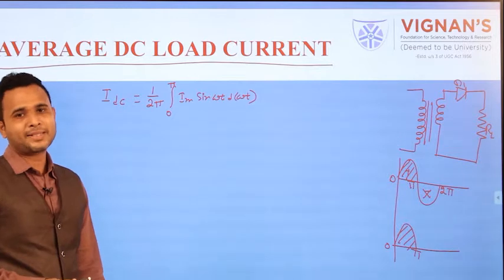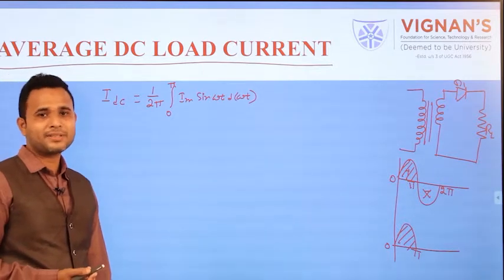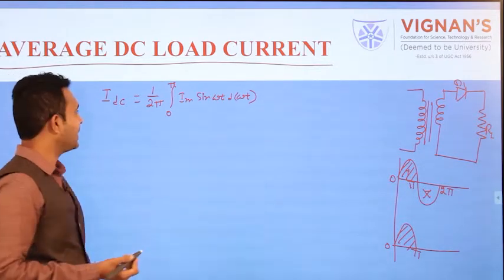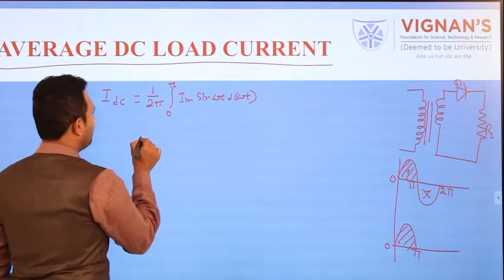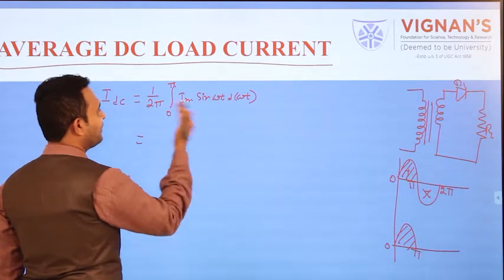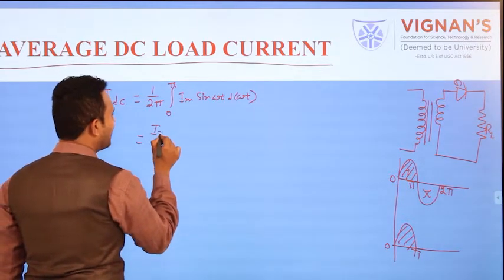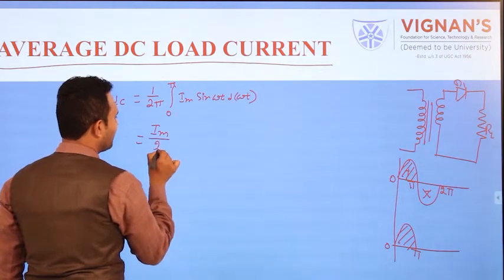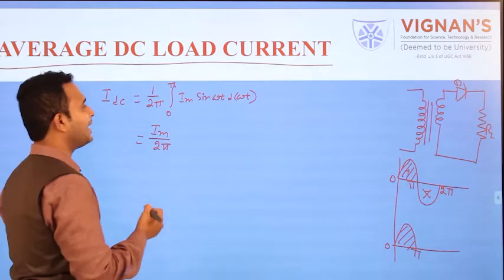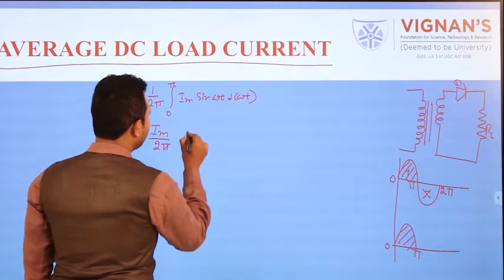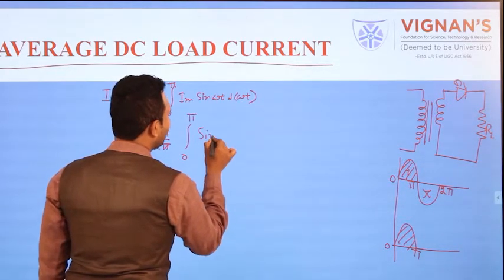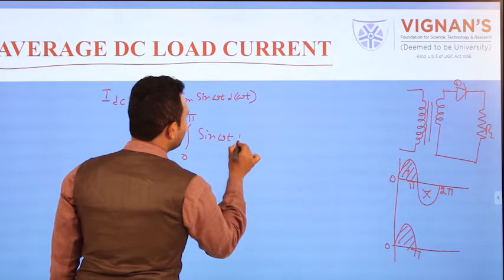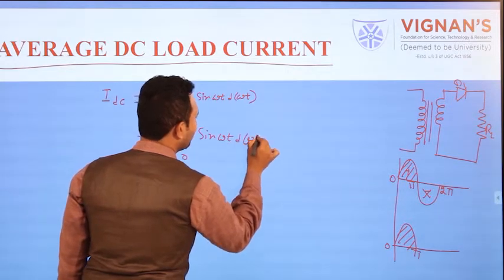Im is the maximum peak current. How can we solve this equation? Here Im is constant, so we take it in front: Im by 2 pi integral of 0 to pi sin omega t d of omega t.